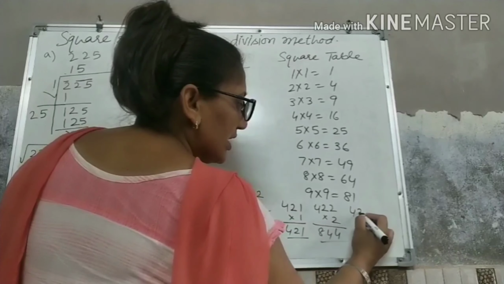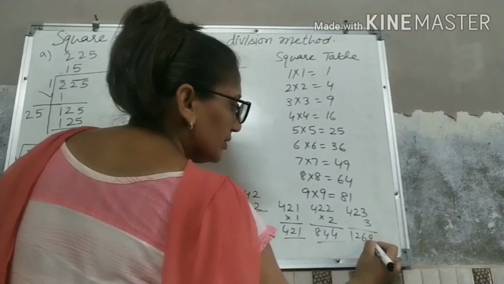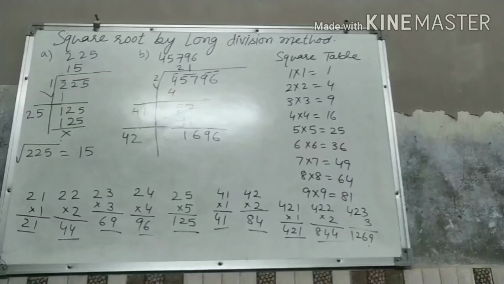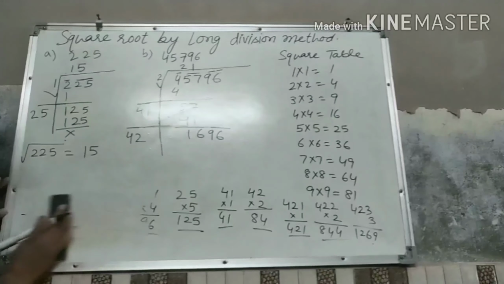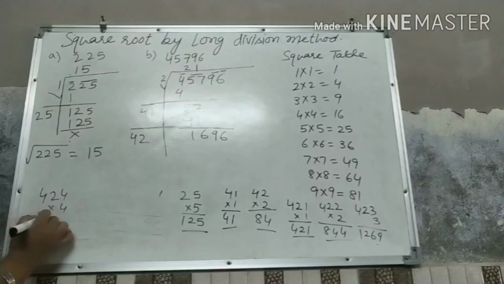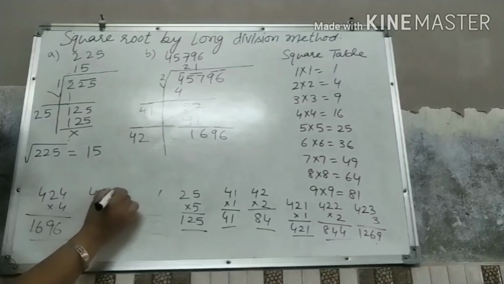Now we will take 3 and check. We will take 4. Then we will take 5.